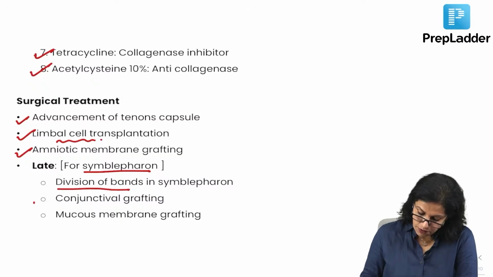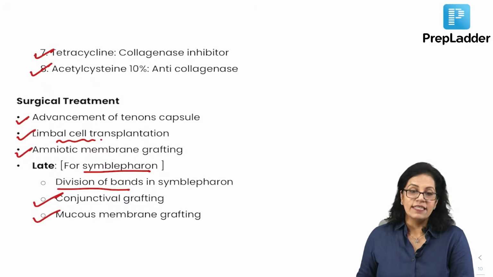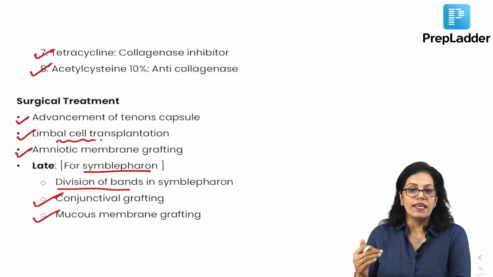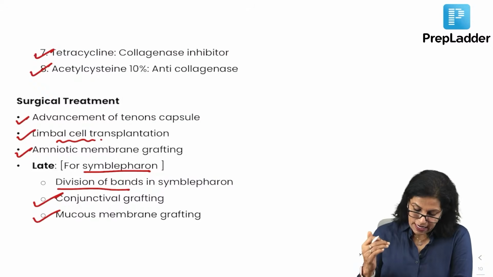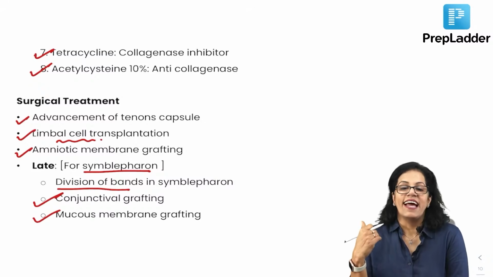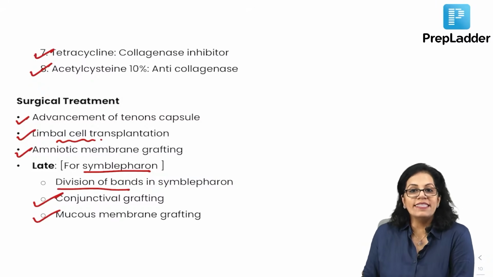Therefore, you have to put a graft, either a conjunctival graft or mucous membrane grafting. Got it? So we will just keep all these things in mind. Surgical treatment, again revising with you all: limbal cell transplantation, amniotic membrane grafting can be done, and if symblepharon has formed, cut the bands and do a mucous membrane grafting or conjunctival grafting.